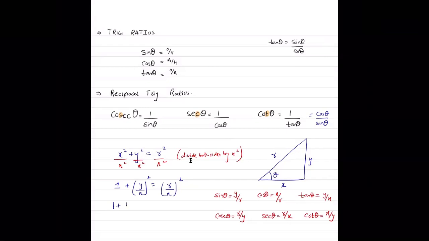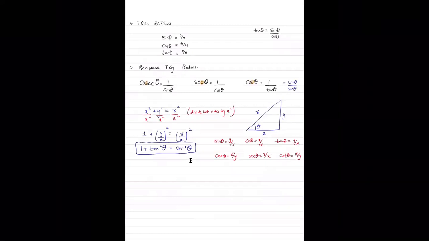So this will be tan square theta, and r upon x is equal to sec theta, so secant square theta. This is one of the identities that will be helpful for us to solve further questions. So you need to remember this identity: 1 plus tan square theta is equal to secant square theta.